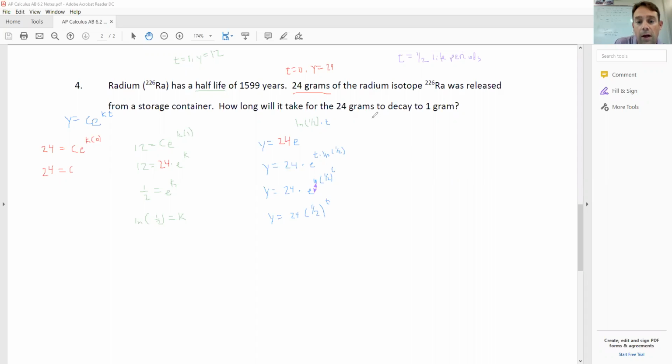Now, I'm trying to figure out how long it took me to have 1 gram. So if I wanted 1 gram left, I'm going to plug 1 in for y, and I'm going to solve for t. So 1/24 equals 1/2 to the t.